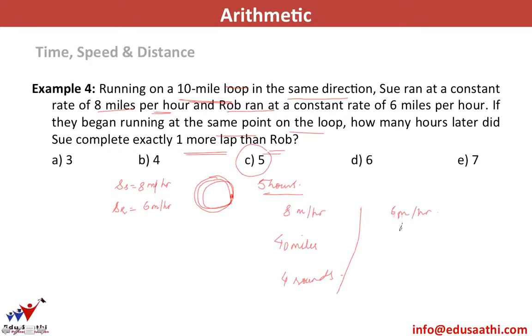So in 5 hours, it would have done 6 into 5, which is 30 miles. That means it would have done 3 rounds. Now if I look here, Sue is 1 round ahead of Rob, which was the answer that I require. So my answer option would be option number 3.